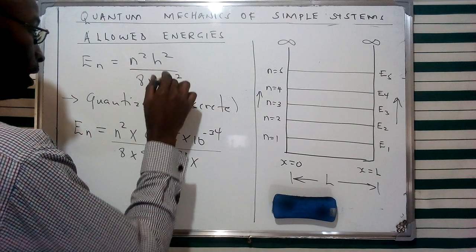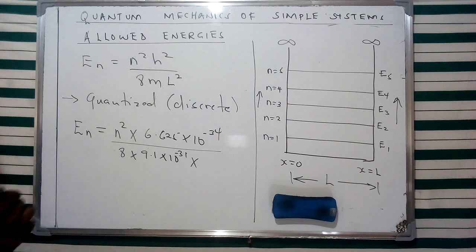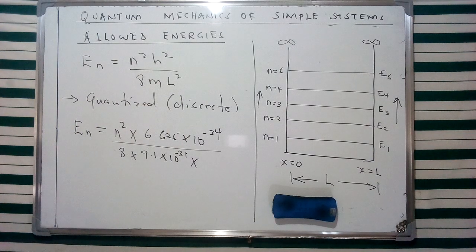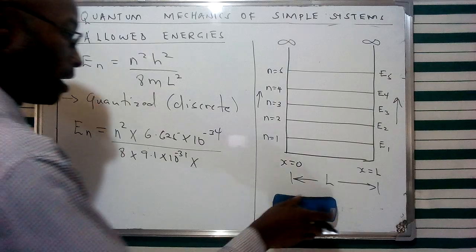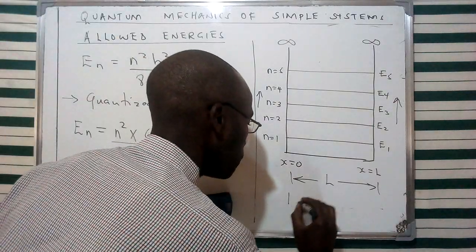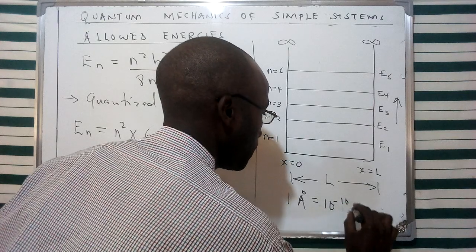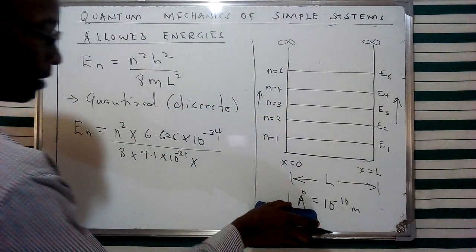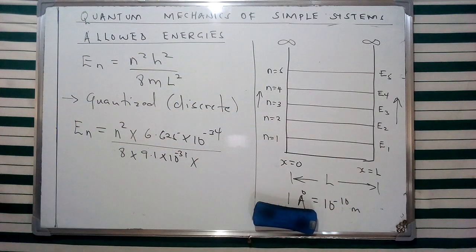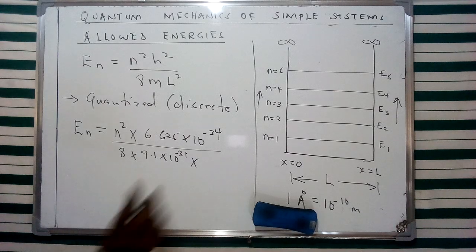So this is going to be L. Suppose L is given in terms of angstroms. Suppose this is 1 angstrom, which is equivalent to 10 to the power -10 meters. We can consider a case of a box and do a substitution for this.